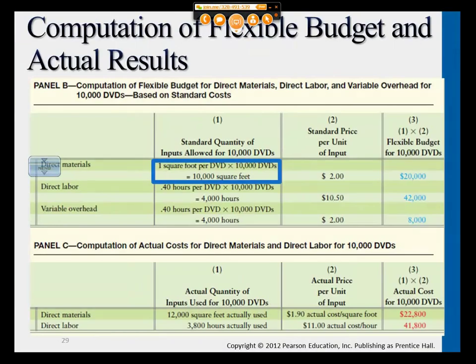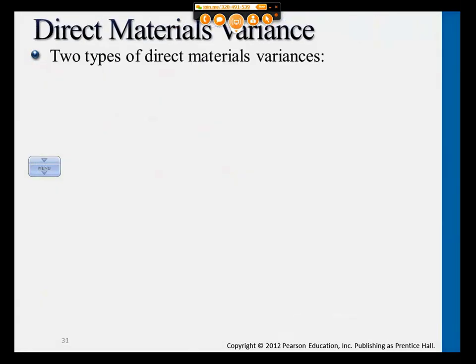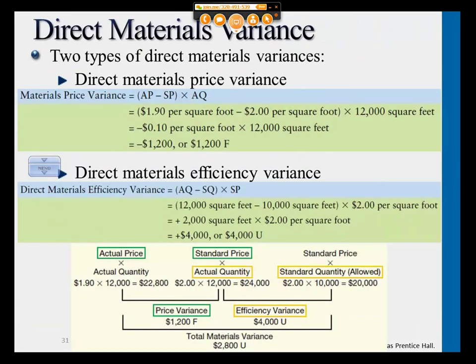All right, so here we are. Quickly, just to remind you, our material price variance is the actual price minus standard price multiplied by actual quantity, and the direct materials efficiency variance is the actual quantity minus standard quantity multiplied by the standard price, right?